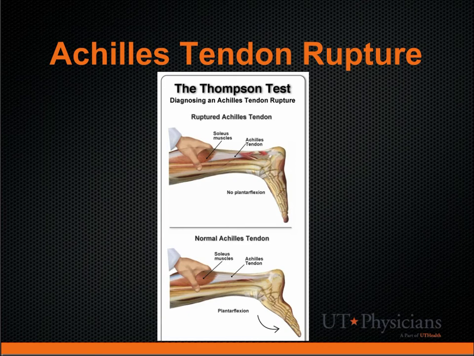So down here on the bottom, in a normal intact Achilles, the toes will go down, and that's a negative Thompson's test. A positive one, as depicted in the top view, has no plantar flexion, because there's a disruption of that connective tissue posteriorly that holds that position that would allow for the tenodesis effect, or the pulling of that tissue, even just with passive stretch.